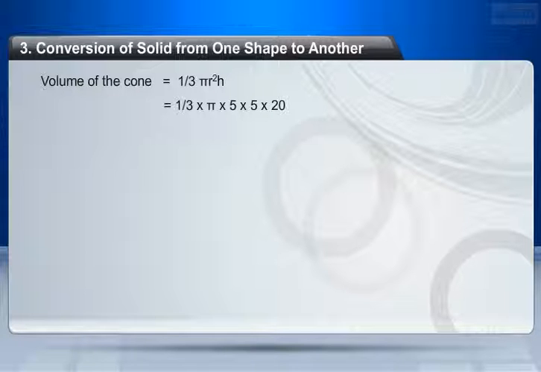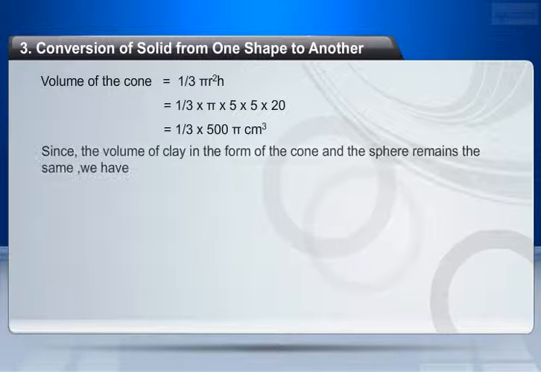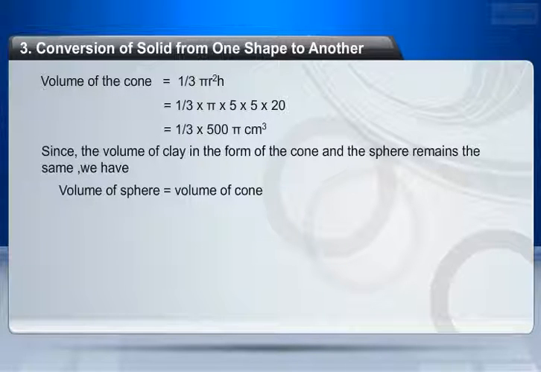This implies that volume of the cone equals 1 by 3 into 500 pi centimeters cube. Since the volume of clay in the form of the cone and the sphere remains the same, volume of the sphere equals volume of the cone.